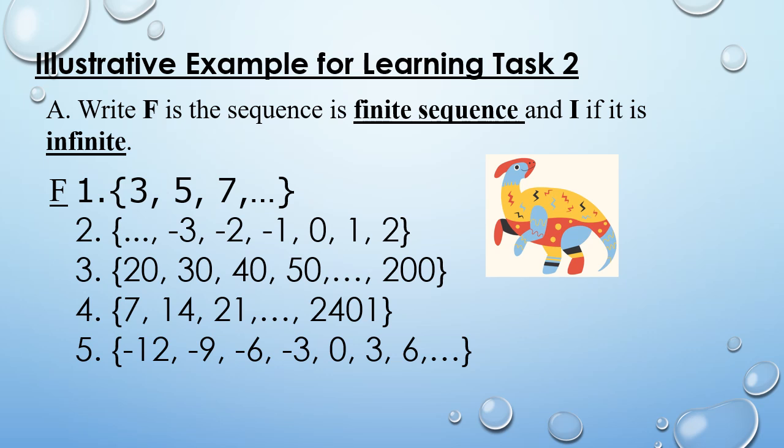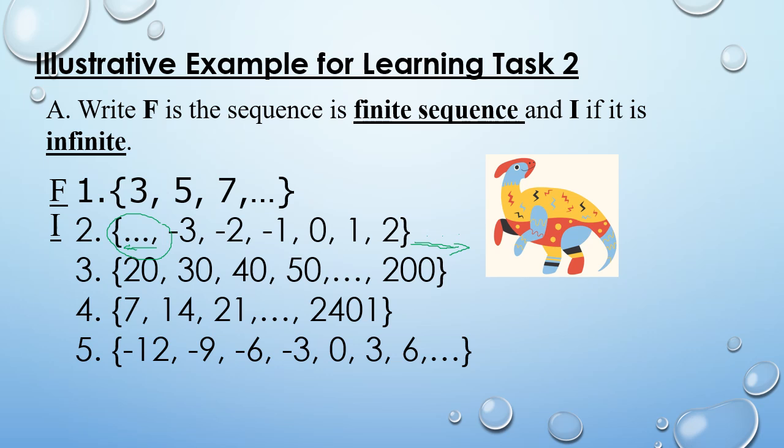Okay, the answer. Okay, that's infinite. Bakit? So, infinitely negative. Hindi lahat ng infinite sequence ay nandito yung dot, dot, dot. Kapag dito, infinitely positive. Pag dito naman sa kabila, infinitely negative.